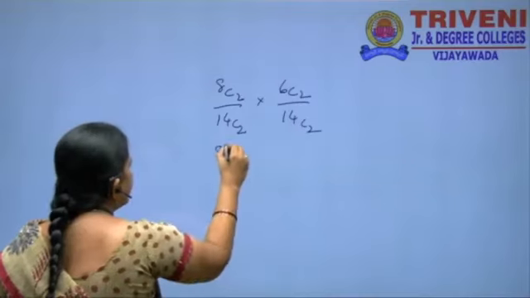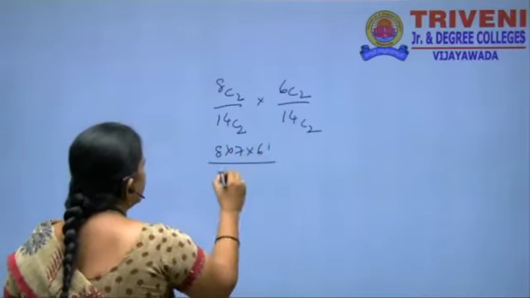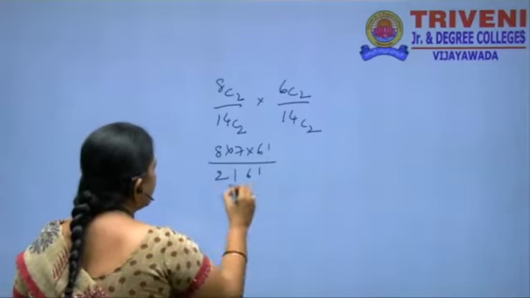8C2 means 8 into 7 into 6 factorial by 2 factorial into 6 factorial.